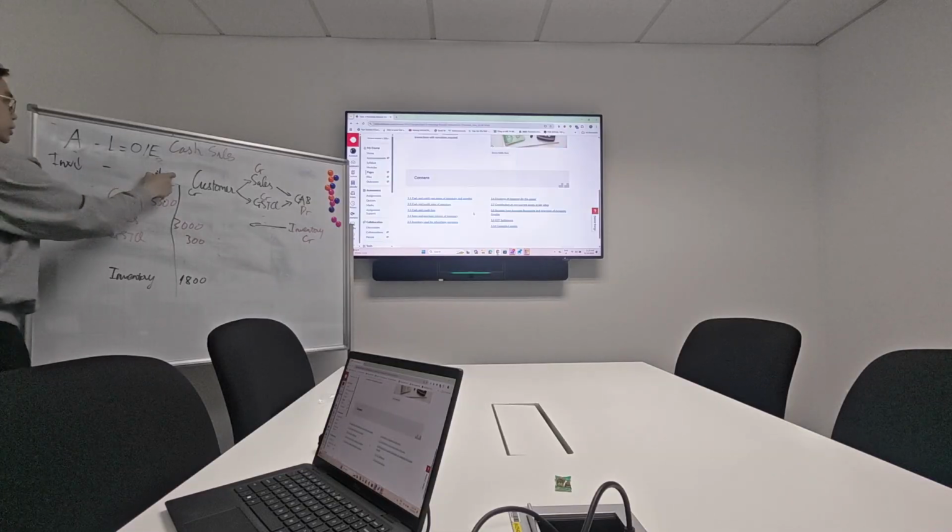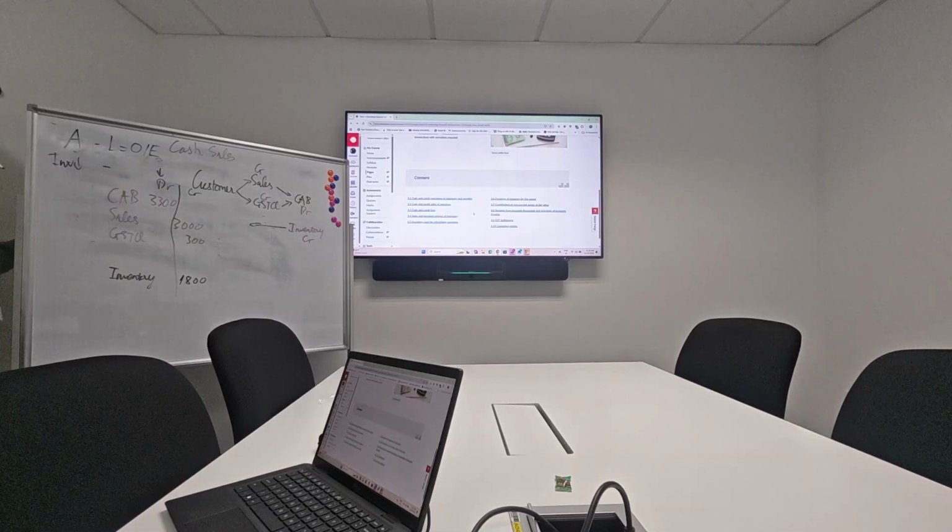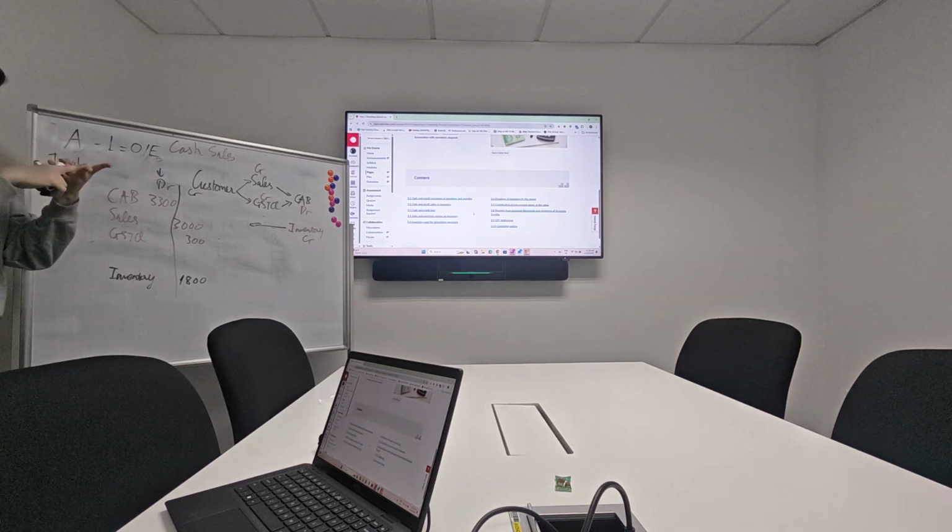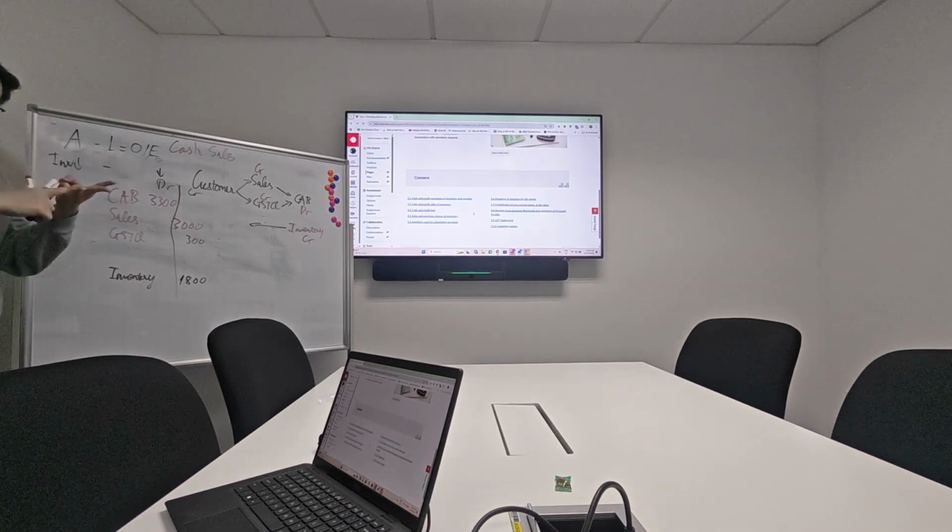Is this decrease because the owner is taking out the inventory? No. This decrease is because of the sales. So this particular inventory that we are losing decreases assets, it leads to a decrease in owner's equity, and it's not owner's distribution.